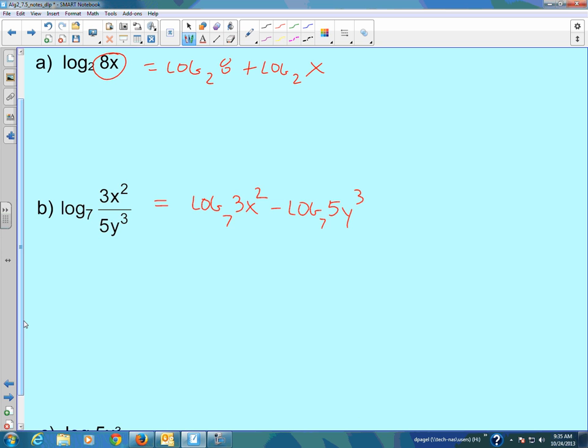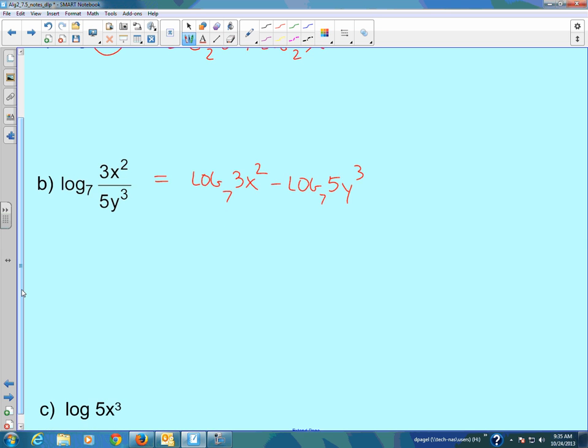And now I can use the product to separate the power pieces of those log values from the coefficient or integer pieces. So, for example, log base 7 of 3x squared as a product becomes log base 7 of 3 plus log base 7 of x squared.